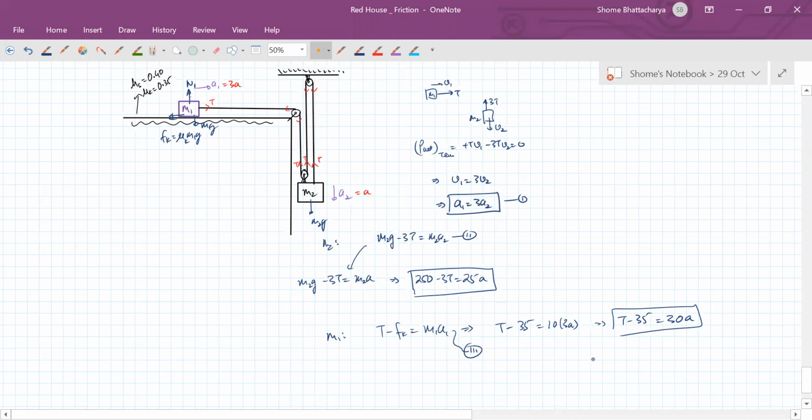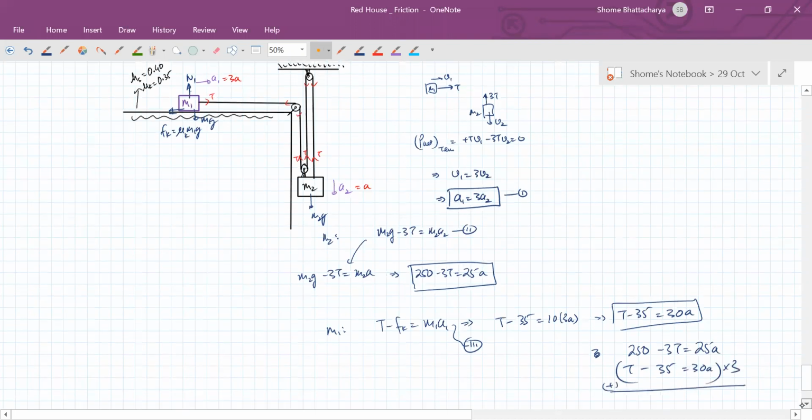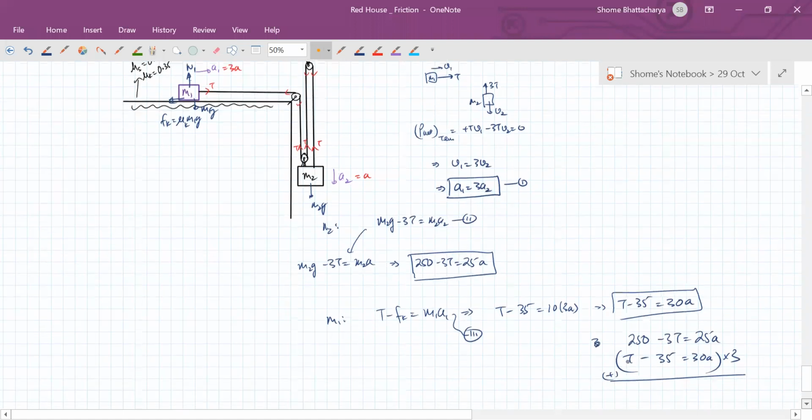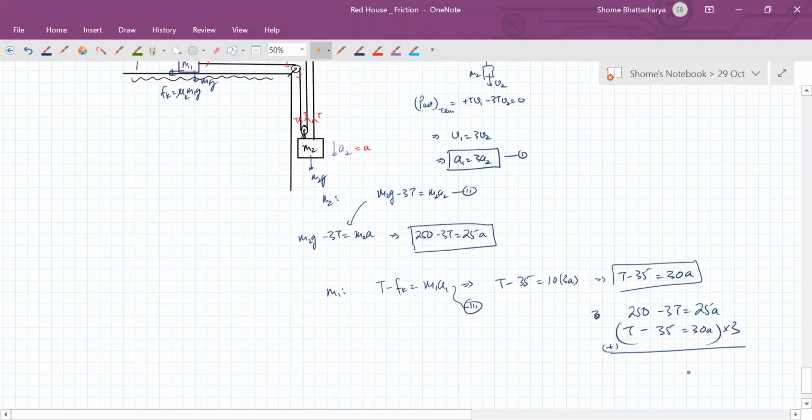So now take this and this. 250 minus 3T is 25A. T minus 35 is 30A. Multiply this whole equation by 3 and add with this. So we have 250 minus 105, how much will this become? 90 plus 15, that is 105.